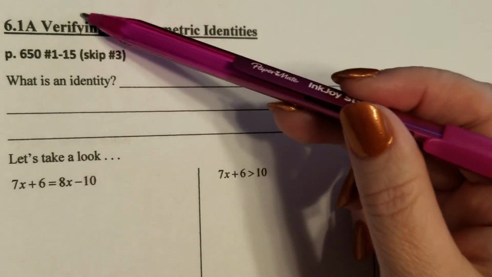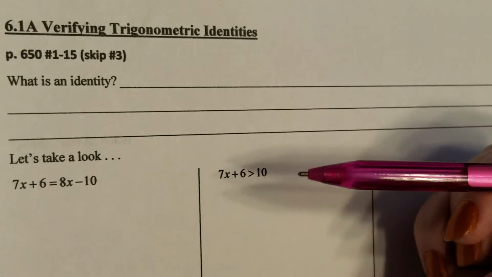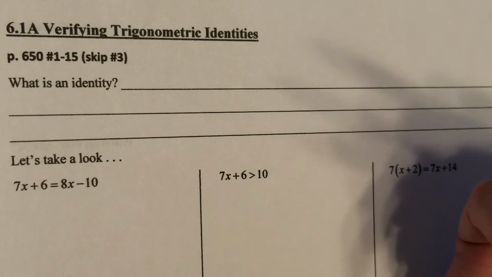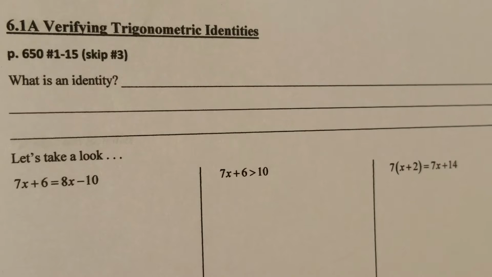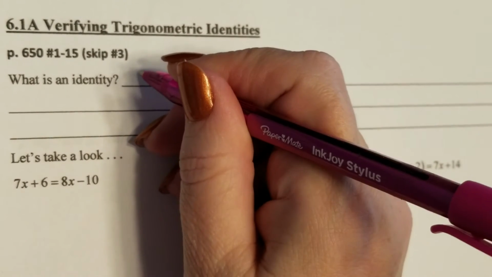As we're going to be verifying trigonometric identities, we should really know what an identity is. I know I've told you in the past, but let's look at the true definition so that we know what we're doing.